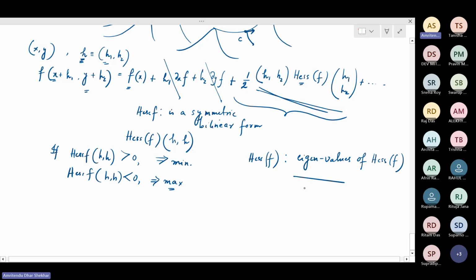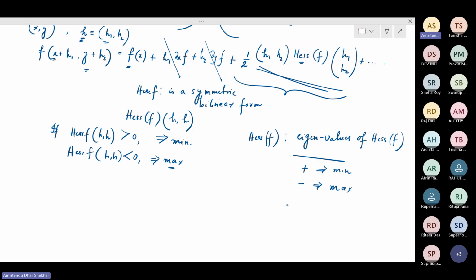If all eigenvalues are positive, it's a minimum. If all eigenvalues are negative, it's a maximum. If you have an eigenvalue which is positive and an eigenvalue which is negative, then it's a saddle.